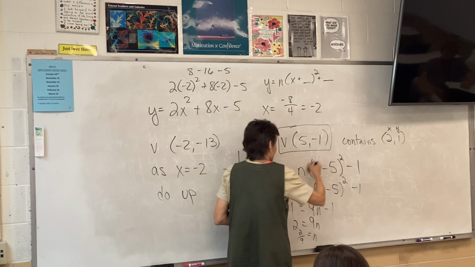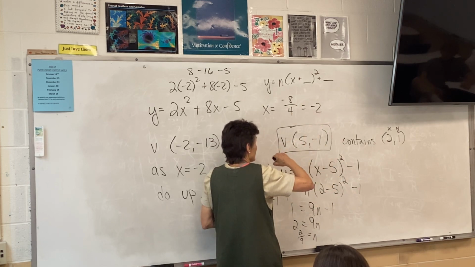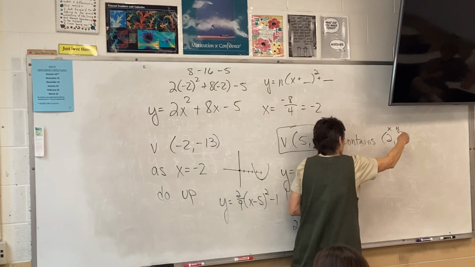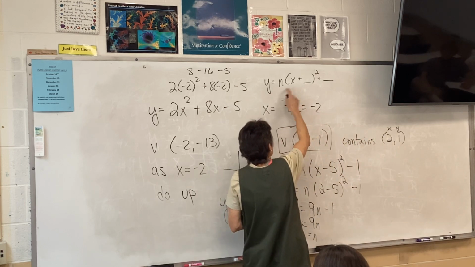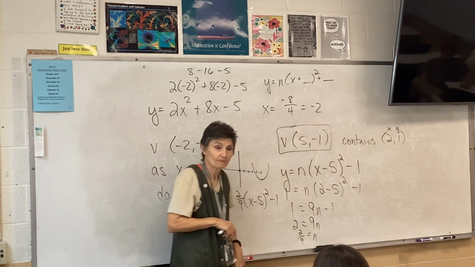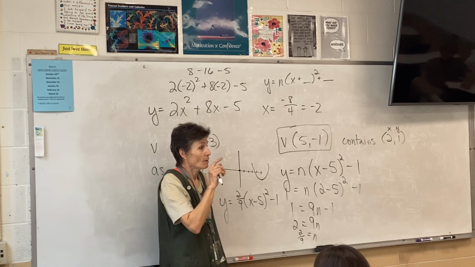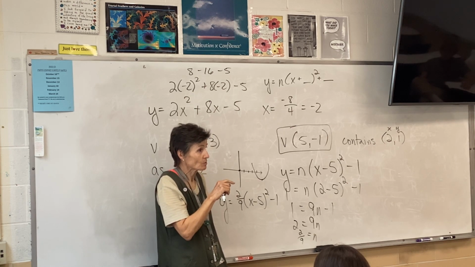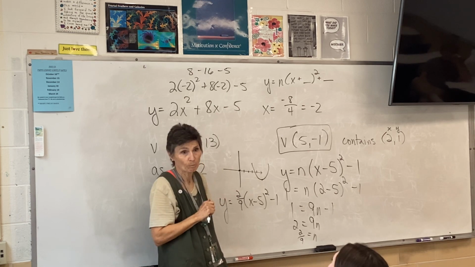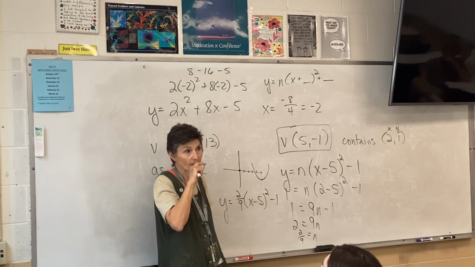Then, once you've got that framework built, then you take the other point and plug in your x and y and figure out your n. Now, there are some of those in your notes. We did them yesterday. Go back and redo them if you need more practice. Right?